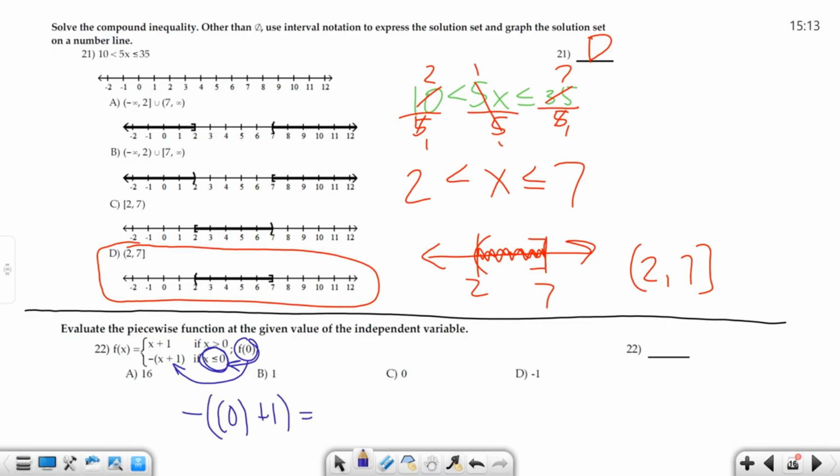So that equals negative 0 plus 1, which equals, I'm sorry, negative 1. Negative 1, which is D. Another page where it's all D's. That was 22. So 21 and 22 both D.